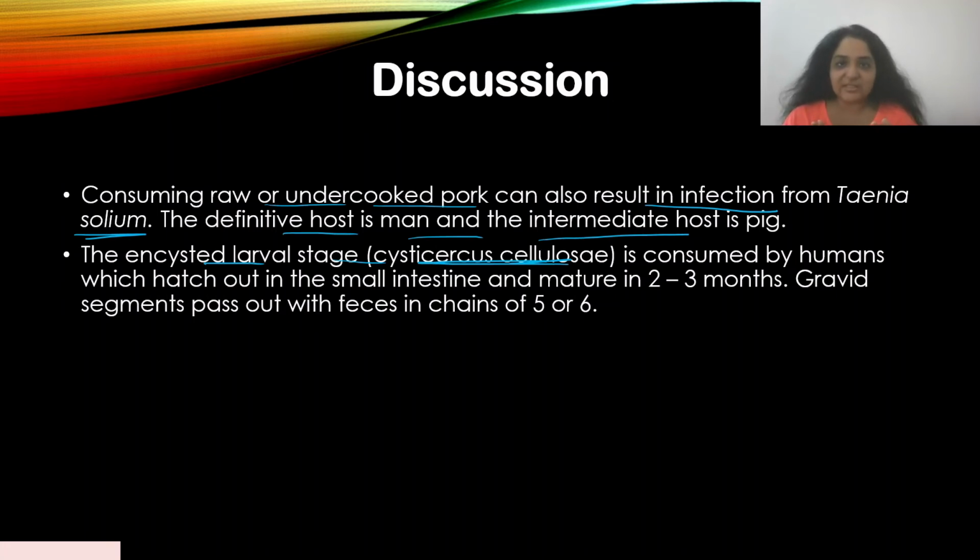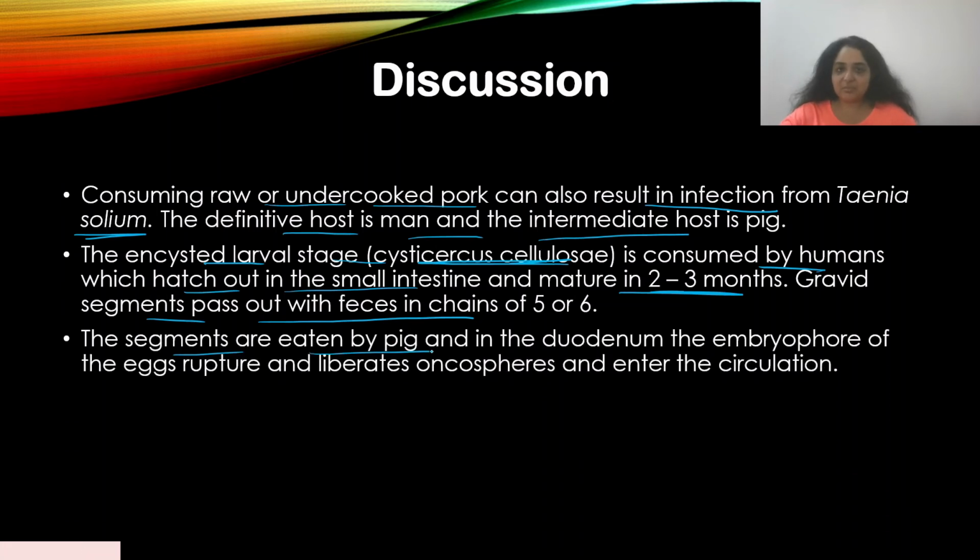It causes the infection. So it's consumed by humans and hatches out in the small intestine and matures in 2 to 3 months. The gravid segments pass out with feces in chains of 5 or 6.